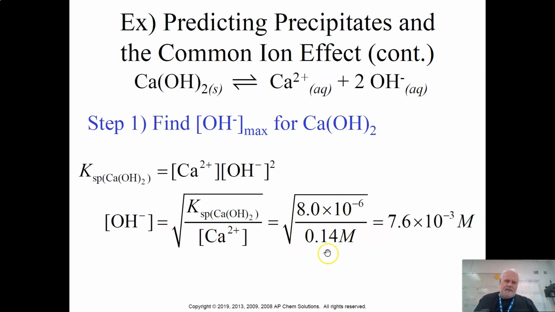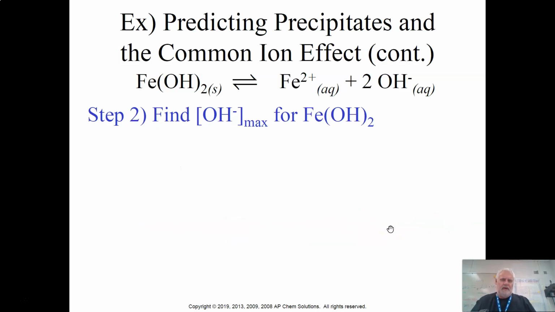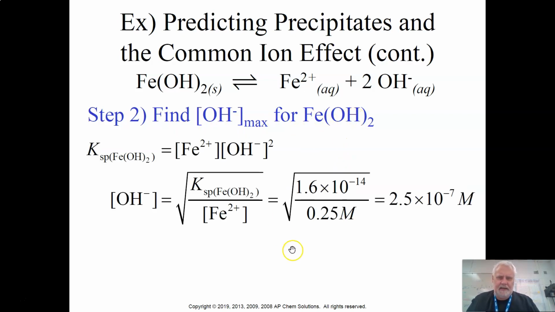So you take the KSP divided by the concentration of calcium, and this will be the OH max in molar for the hydroxide ions. Okay, so that will be different for iron hydroxide because it had a different KSP value.